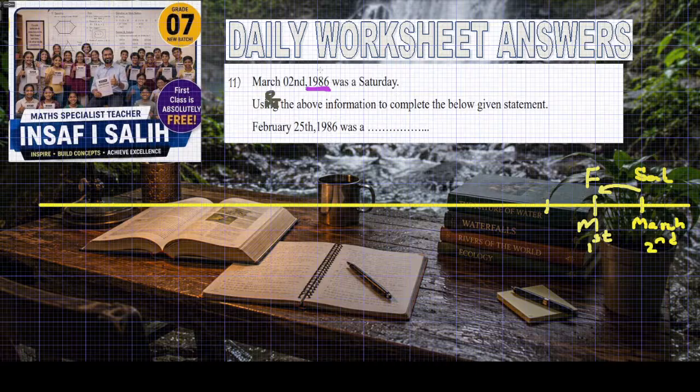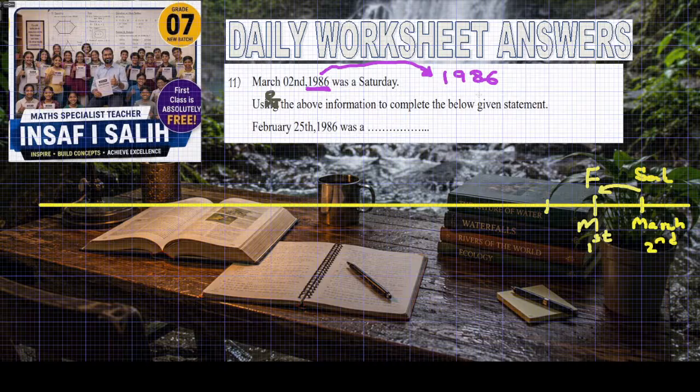We have to check whether year 1986 was a leap year or not. So is year 1986 a leap year? How do we check? Check whether 1986 is divisible by 4. Now how do we check whether a number is divisible by 4?